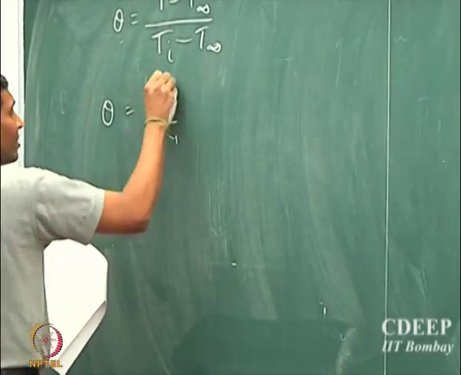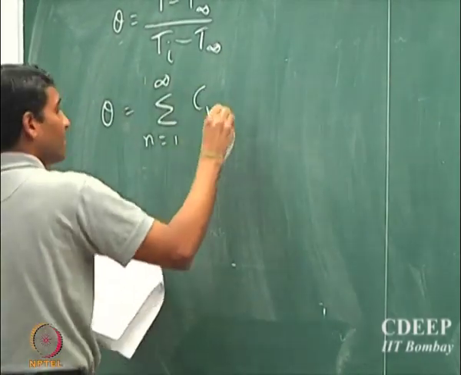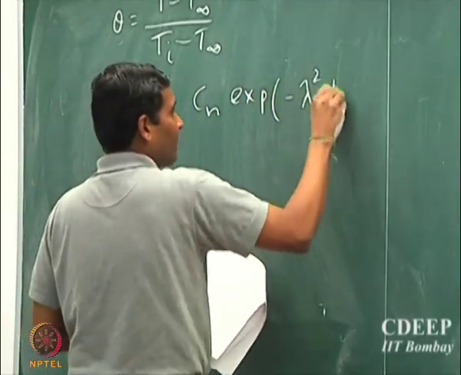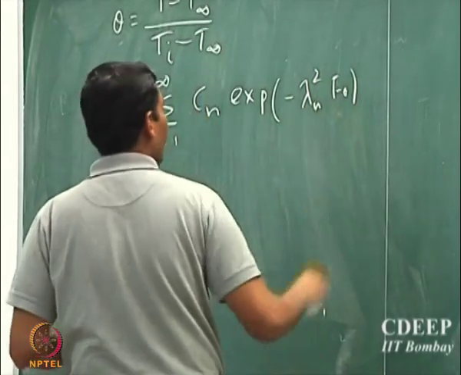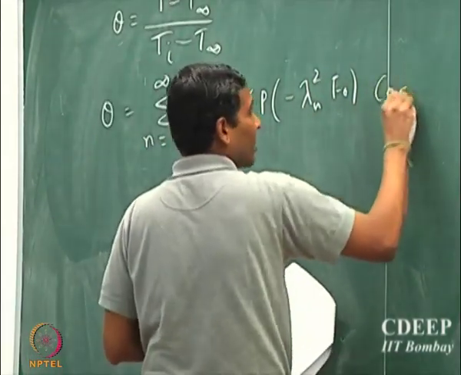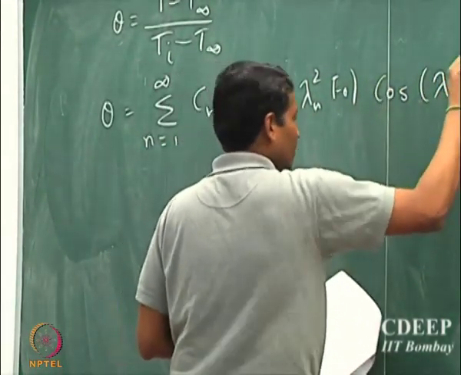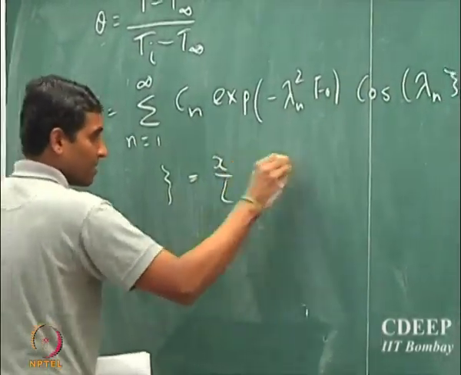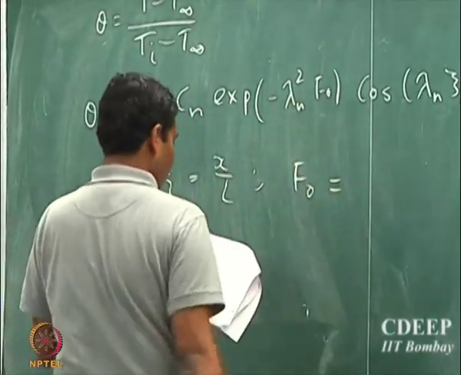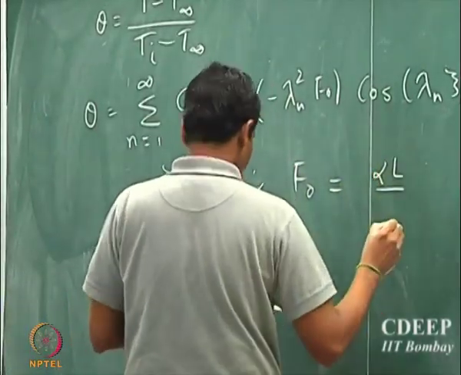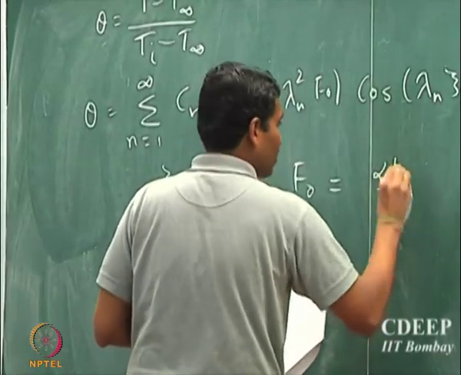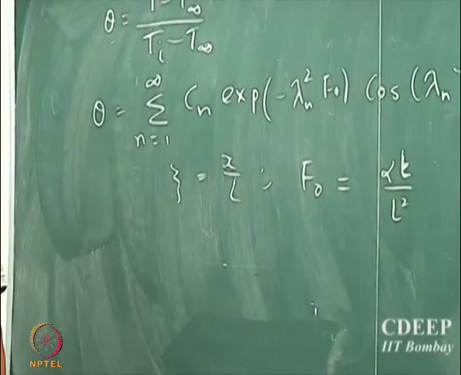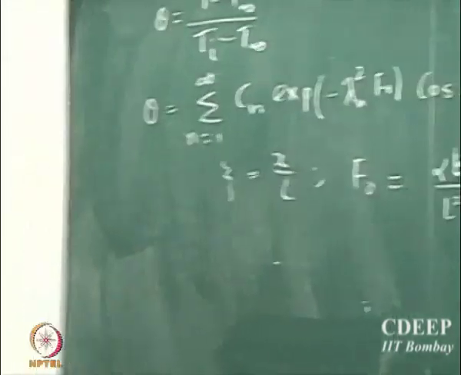summation n equal to 1 to infinity Cn exponential of minus lambda n square into Fo, where Fo is the Fourier number, which I'll define in a short while, and Z is x by L. Fourier number is alpha t by L square. What is alpha? Thermal diffusivity.